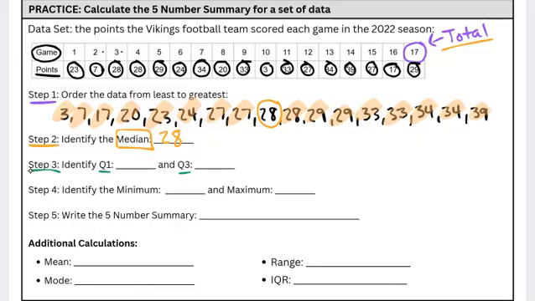We want 4 sections of our data. So the first quartile is the middle number of the ordered data below the median. In our data set, we have 2 sets of data. We have our data below the median, and we have the data above our median.